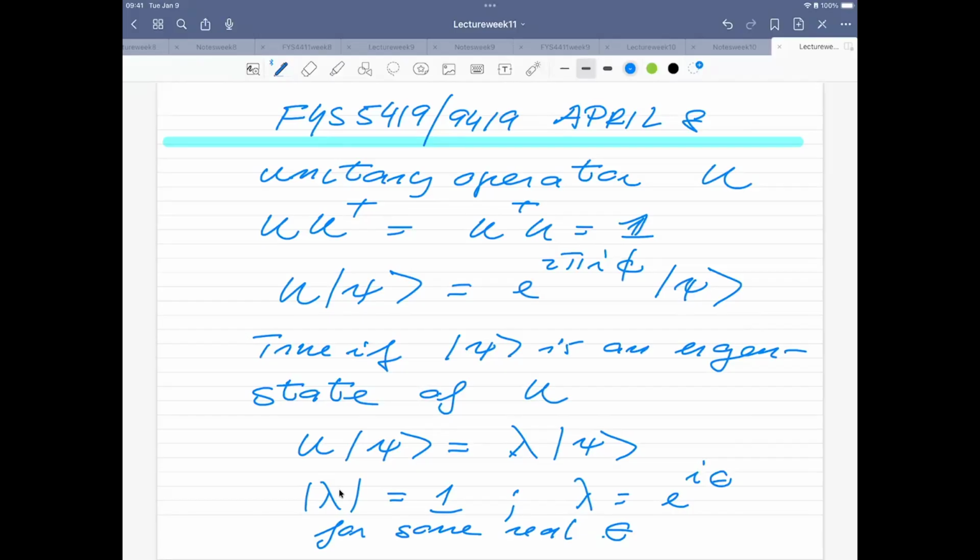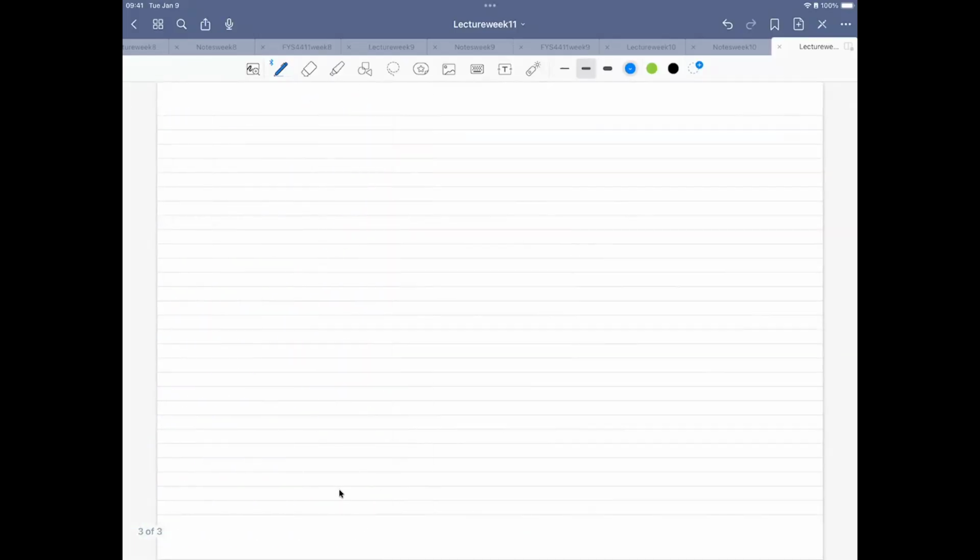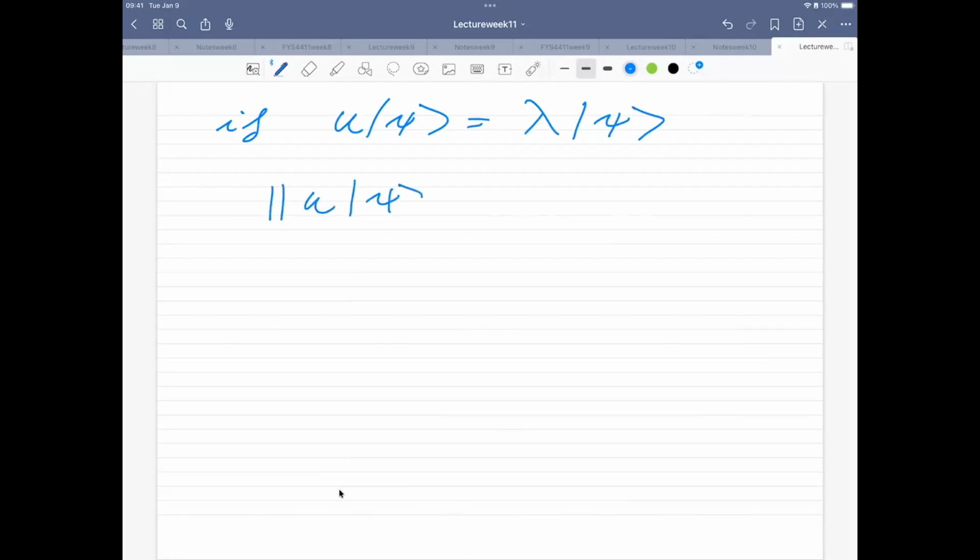And we have said that U is unitary. So that means that if U acting on psi is equal to an eigenvalue times the eigenvector, then if I take the norm of this quantity, U times psi, squared, this is the norm 2, then we know that this is nothing but the norm 2 of the vector, because U is unitary, right?